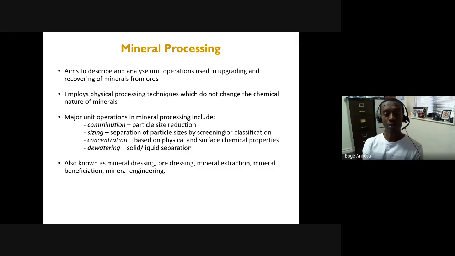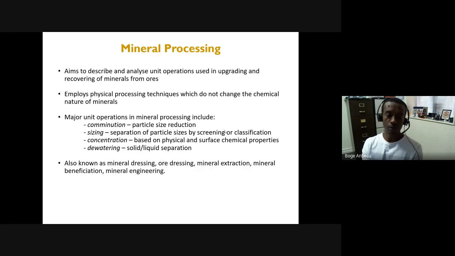Okay, so what happens next? We take that 2%, which is called a concentrate, and then we can do chemical processing using leaching or hydrometallurgy, or we can use pyrometallurgical processing, where we basically use smelting.